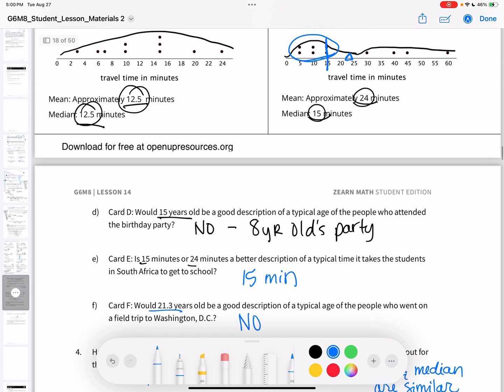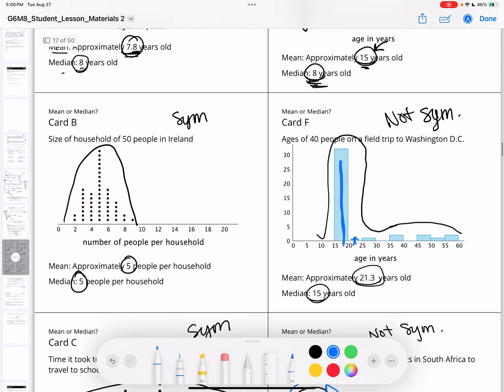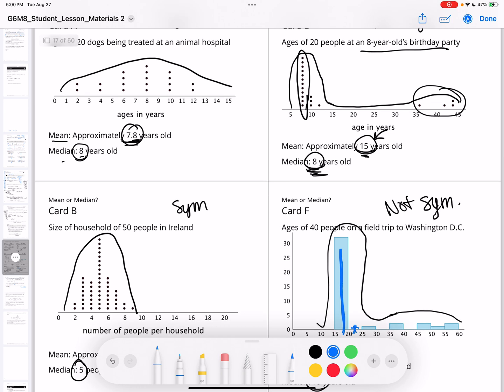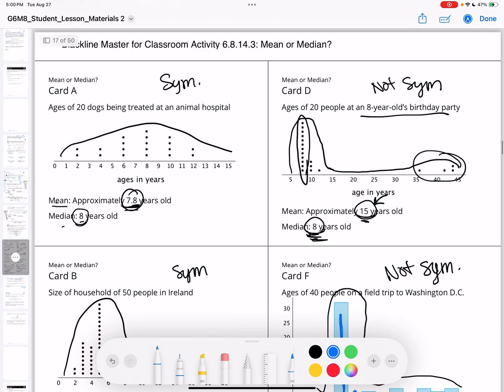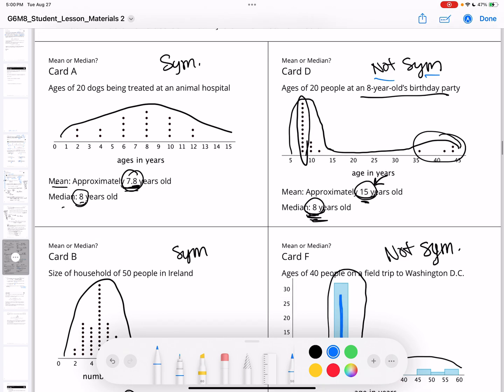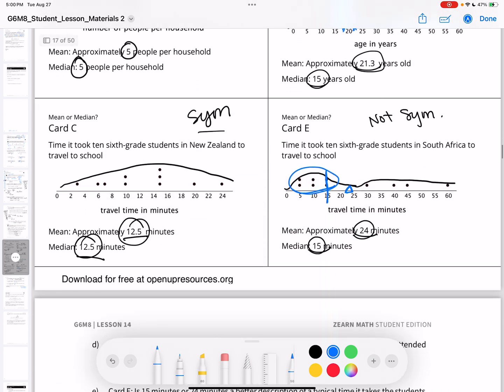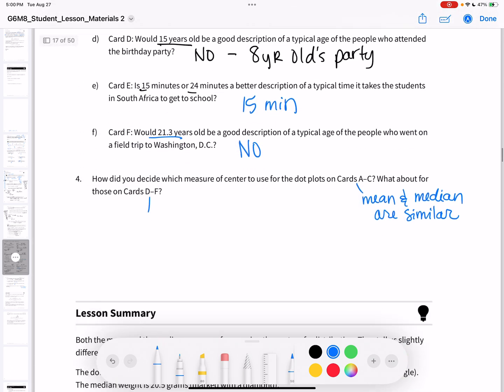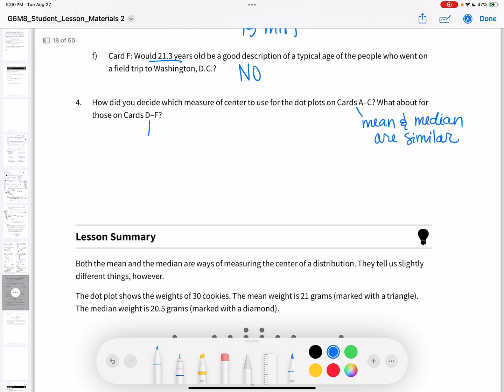Well, D through F, because they're so spread out and not symmetrical, we really used the median as the measure of center, because they were not symmetrical.